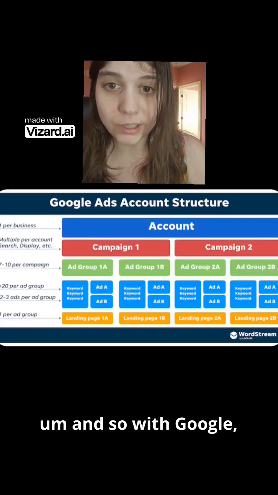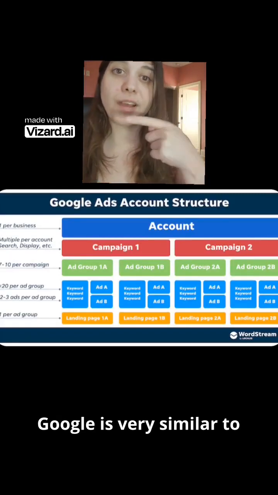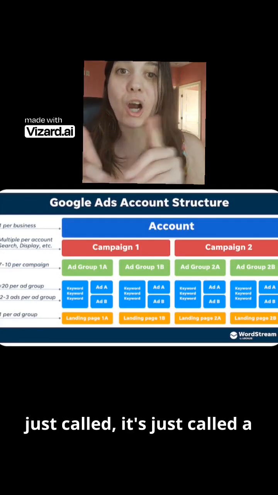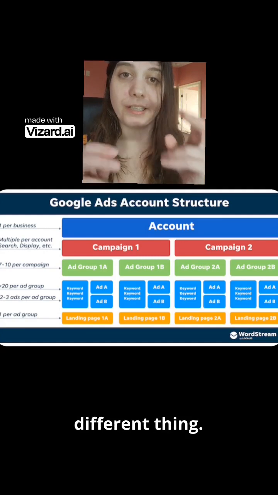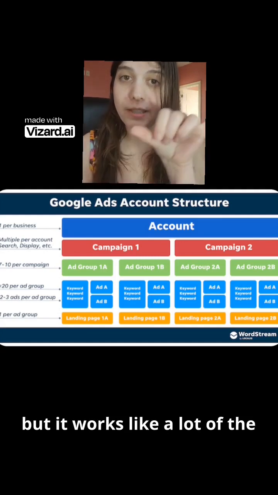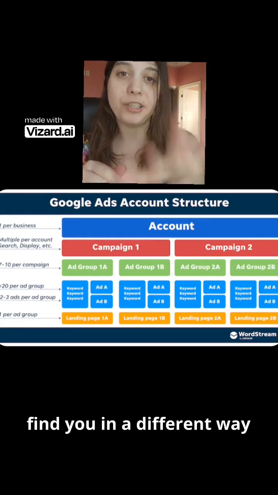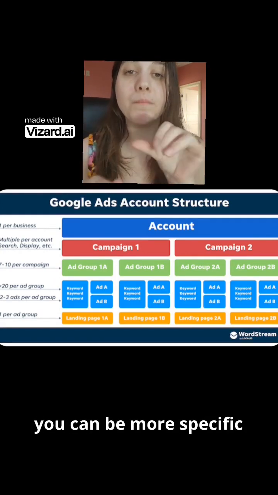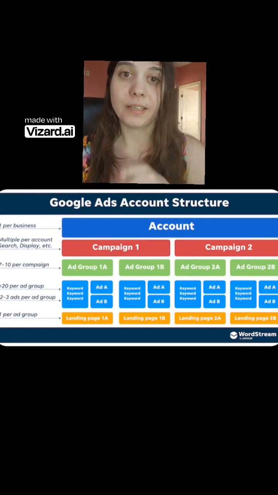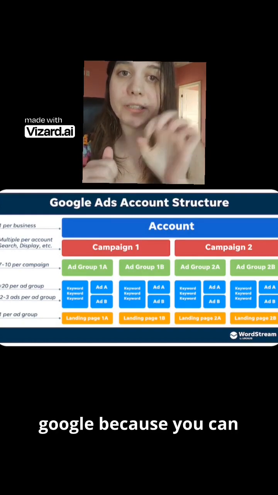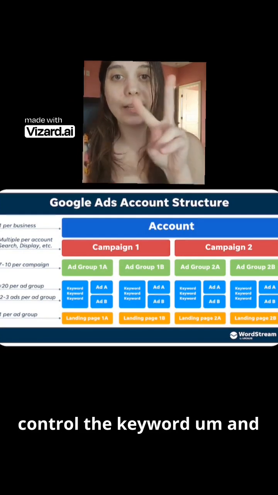And so Google is very similar to Facebook, but it's just called a different thing. But it works a lot of the same way. People just find you in a different way. You can be more specific with how they find you on Google because you can control the keyword.